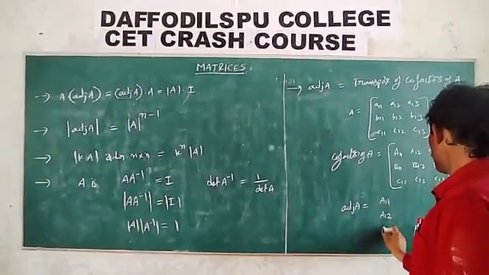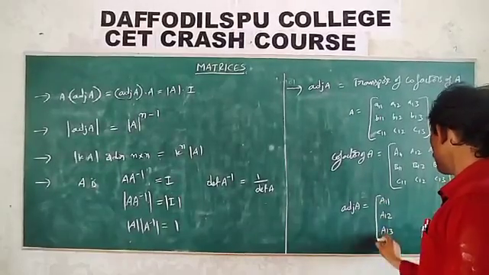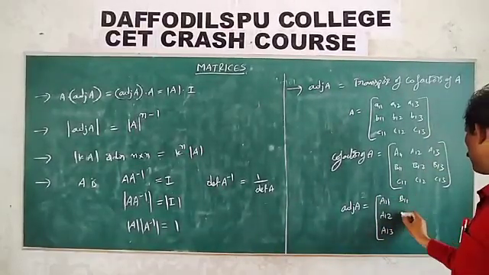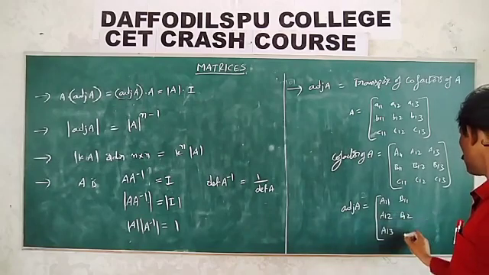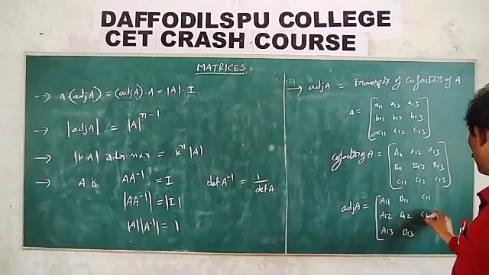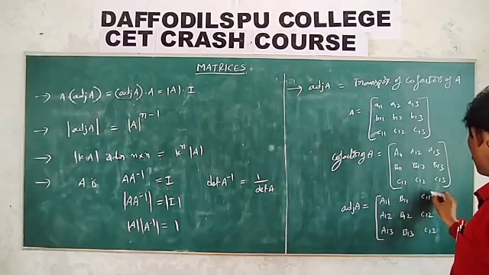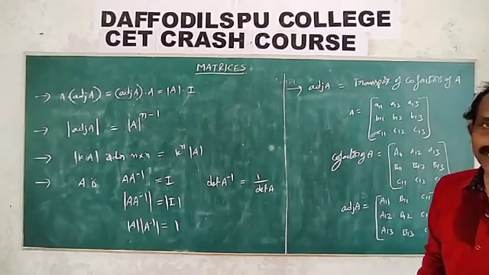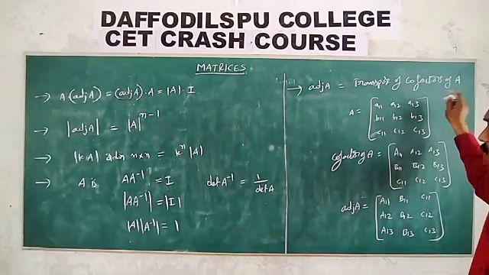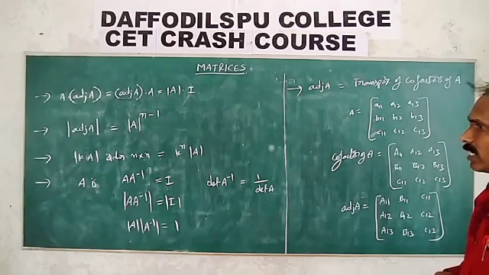A11, A12, A13. Next, B11, B12, B13, C11, C12, C13. This is adjoint. Okay. What is adjoint? Transpose of cofactors of A. That is called nothing but adjoint. Right.